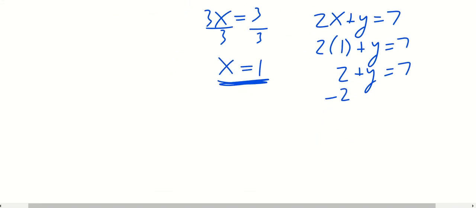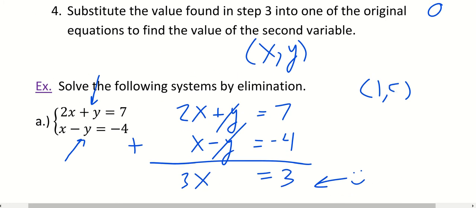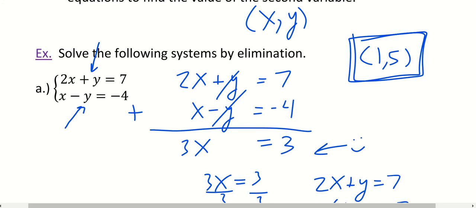To get y by itself, I'm going to subtract 2 from both sides. And so we get y equals positive 5. So we have the solution to our system. It's going to be the ordered pair (1, 5). This is our first example solving a system with the elimination method.